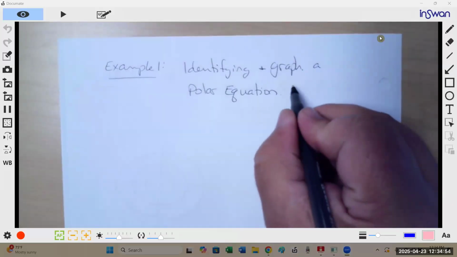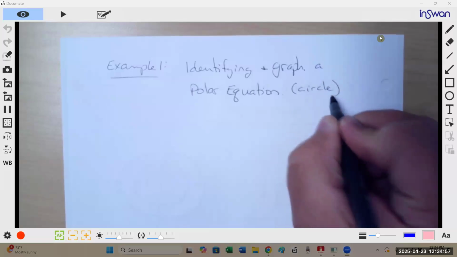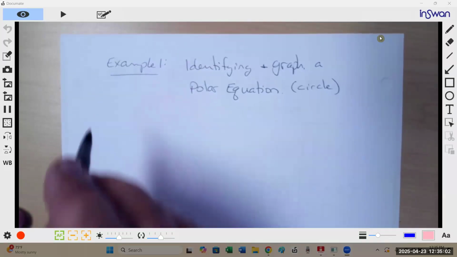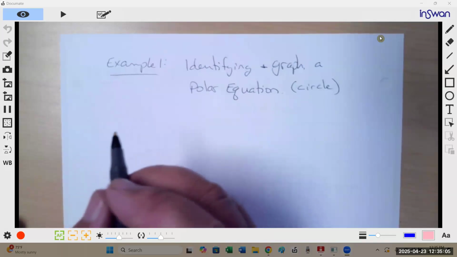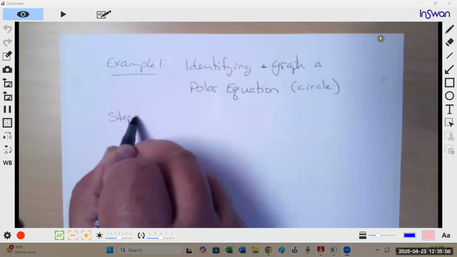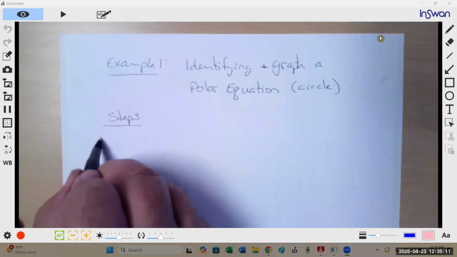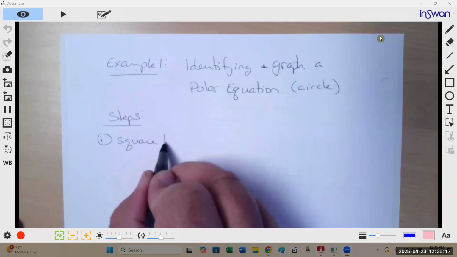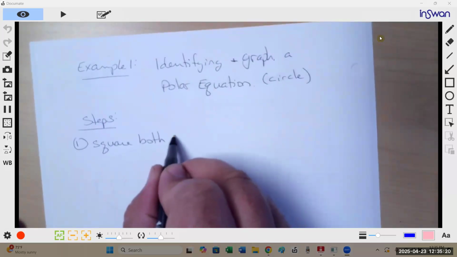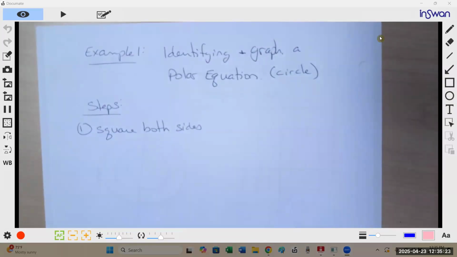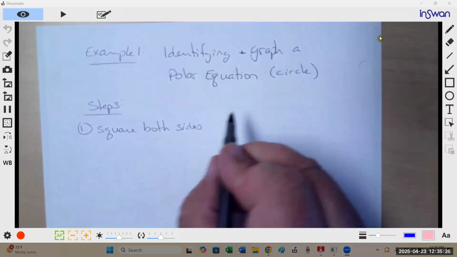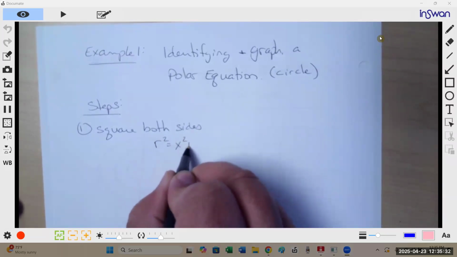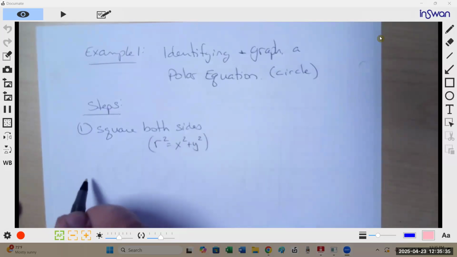When you graph polar equations, you're looking at circles. So here are the steps. Usually we square both sides, because when we square both sides, if we have r, we're trying to get to r squared equals x squared plus y squared. That's our first goal.